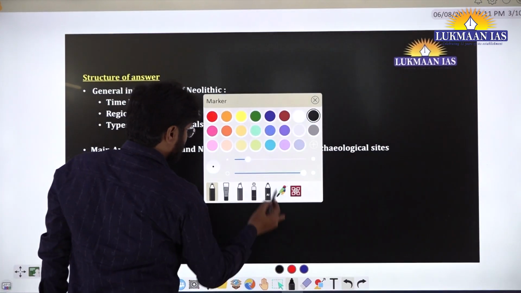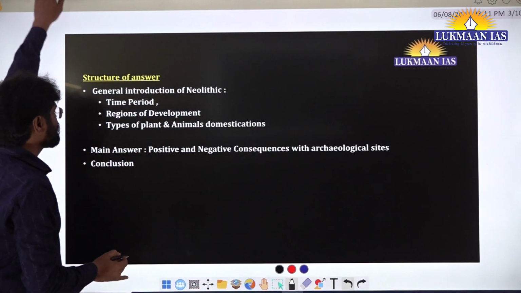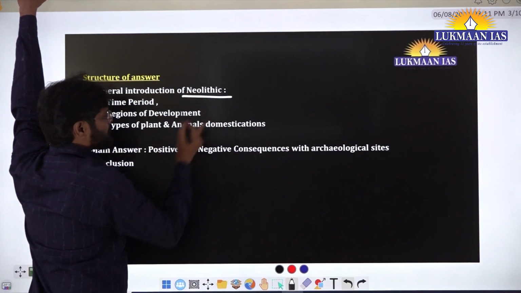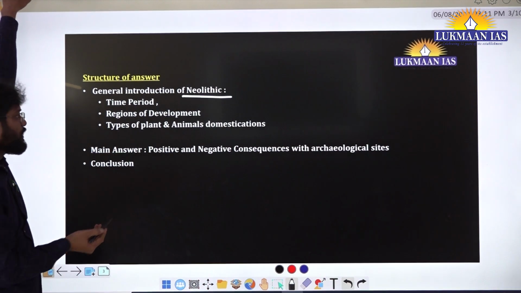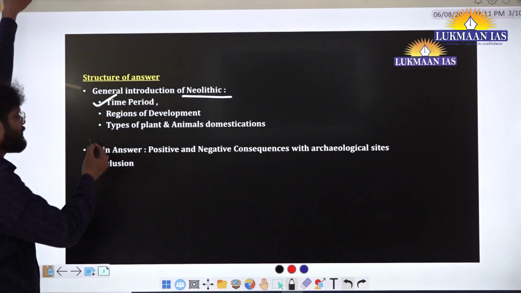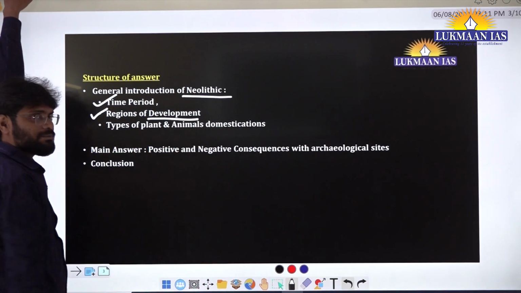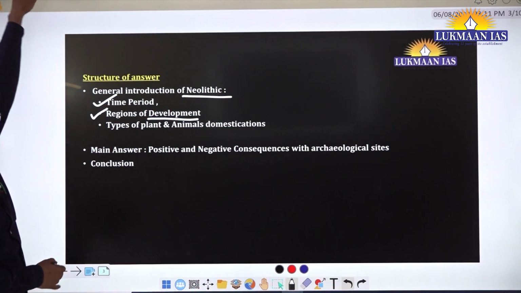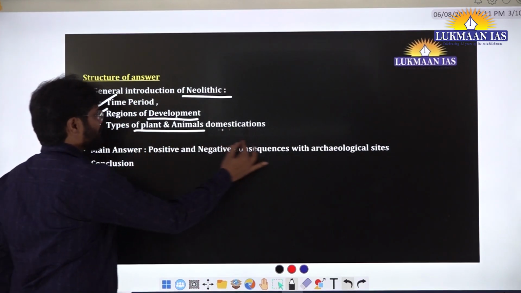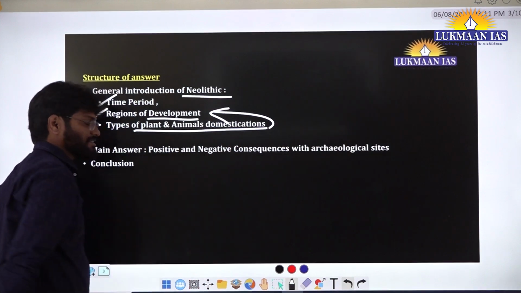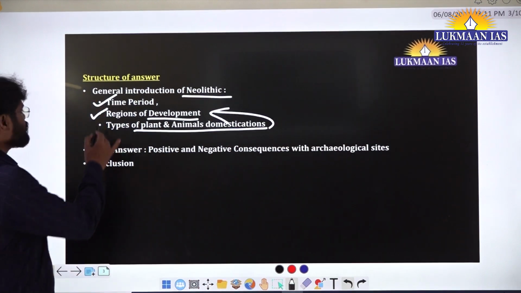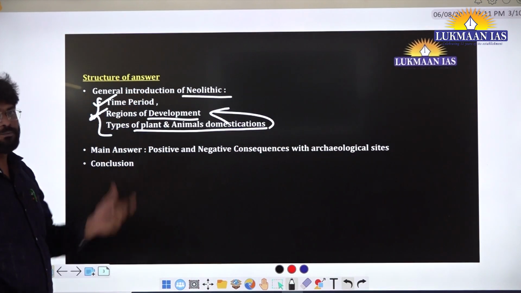The first element is a general introduction of Neolithic features: the time period of the Neolithic, regions of development of domestication of plants and animals, and third, the types of plants and animals domesticated in various regions along with their time periods. You should introduce this in the first paragraph.